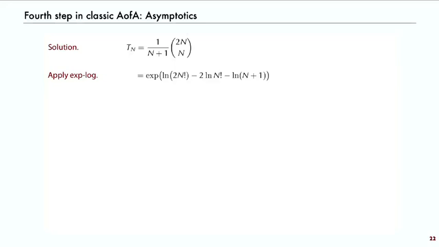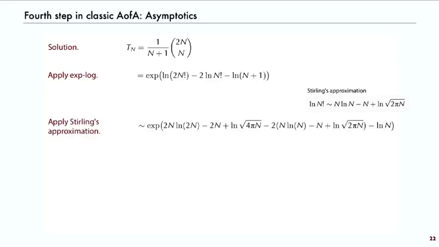And then there's a minus log of n plus 1 for the 1 over n plus 1. And now we can apply Stirling's approximation to the first two terms. And the second term is very close to log n, of course. So just substituting that in, we get a long expression.